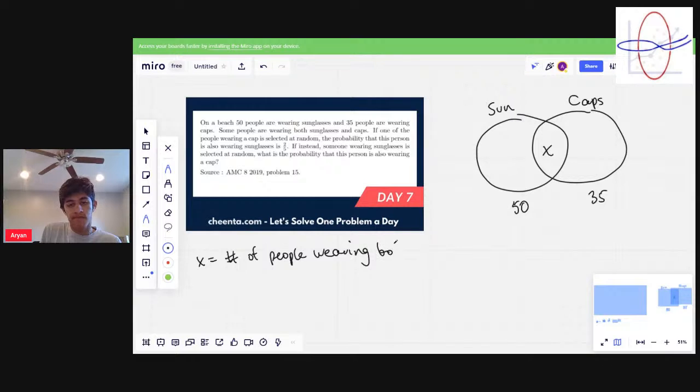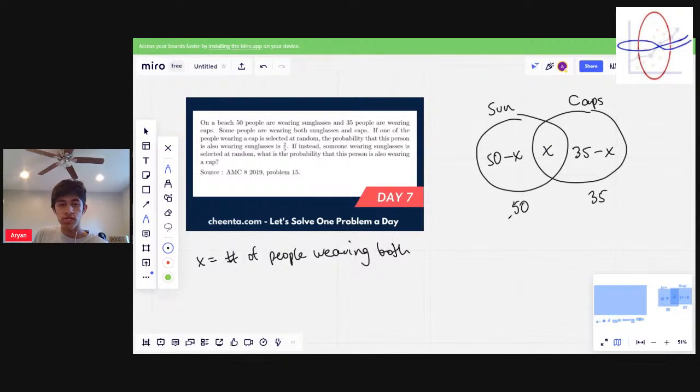So we can fill out the rest of our Venn diagram because the total sunglasses has to add up to 50. So the people only wearing sunglasses is 50 minus X, right? Because then 50 minus X plus X equals 50. And then with caps, it's the same thing, but it's 35 in total. So if X are wearing both caps and sunglasses, 35 minus X are only wearing caps and not sunglasses.